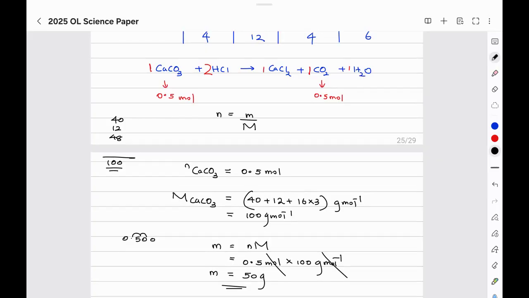Okay. That's why I told you the calculation is not easy, so you have to do these kinds of calculations, right?